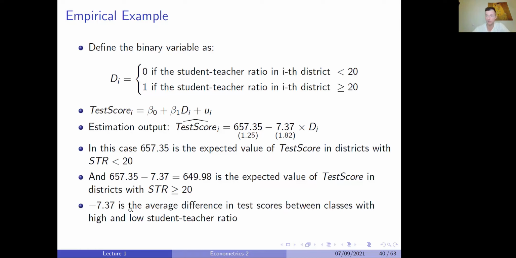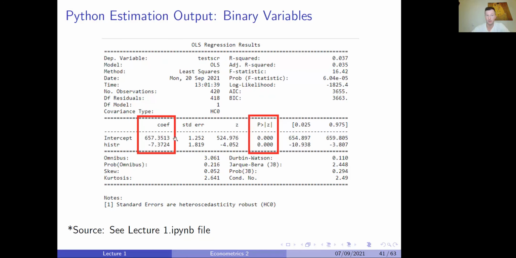And -7.37 is the average difference in test scores between classes with high and low student-teacher ratio. In Python, you will get this output. These are coefficient estimates, and these are p-values, based on which you can consider that both estimates are statistically significant, and the null hypothesis that the true betas are 0 can be rejected.